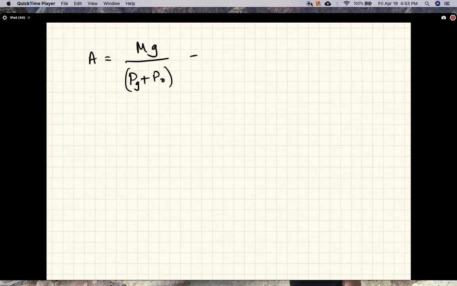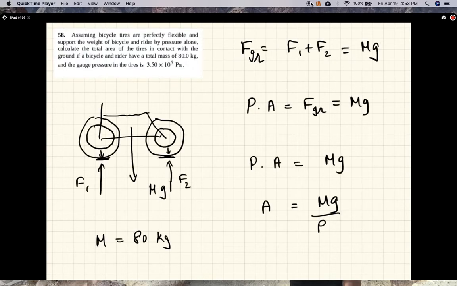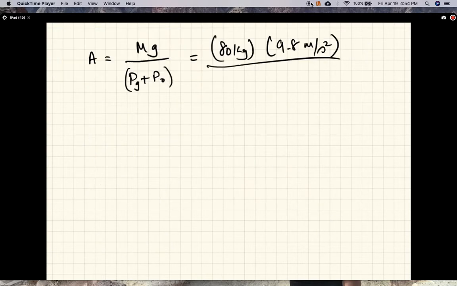Alright, let's put in numbers. 80 kg times 9.8 meters per second squared, and the gauge pressure is 3.5 times 10 to the power 5 pascals, and atmospheric pressure is 1 times 10 to the power 5 pascals, Newton per meter squared.